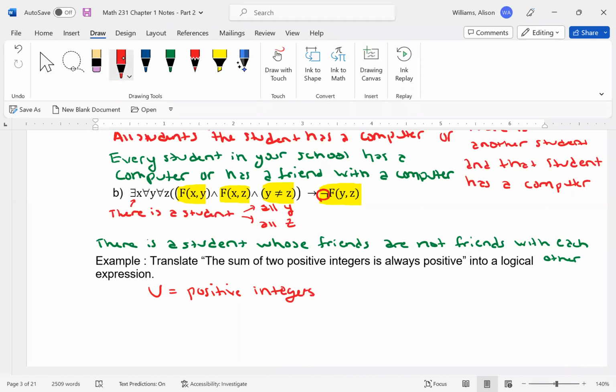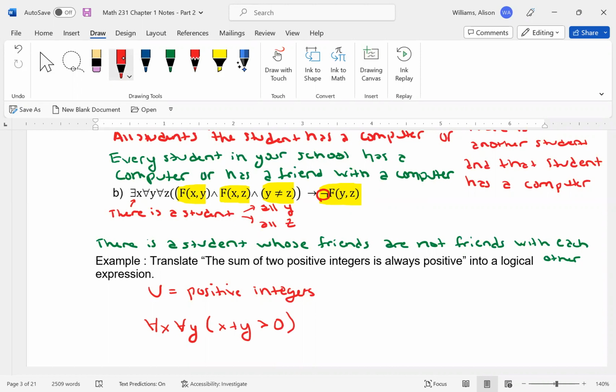And then all the positive integers, we can pair them up with another positive integer. So for all of them, as it says all of them, then x plus y is bigger than 0. That's how you can say that.